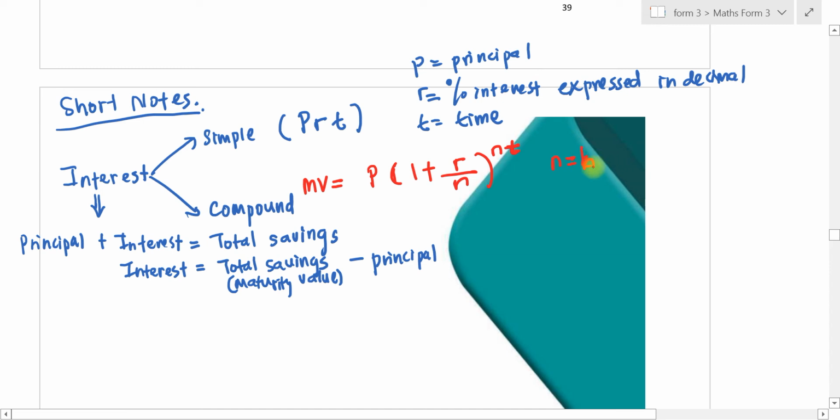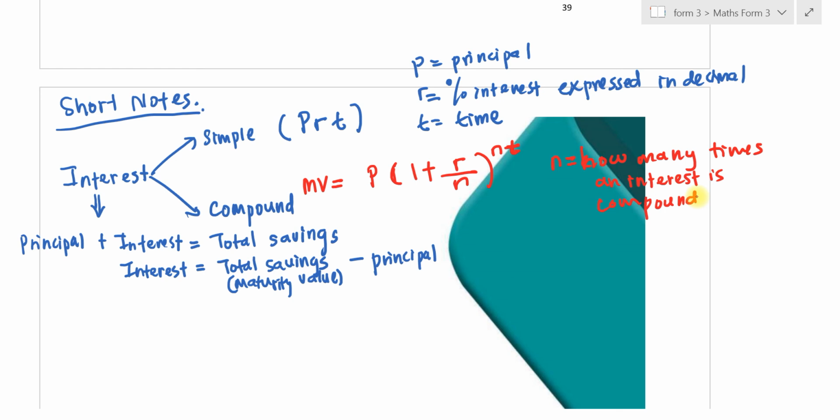How many times is interest compounded? I know there is a shorter name for it, but sometimes the shorter name won't make you understand. Try to listen to this: how many times is an interest compounded in a year?